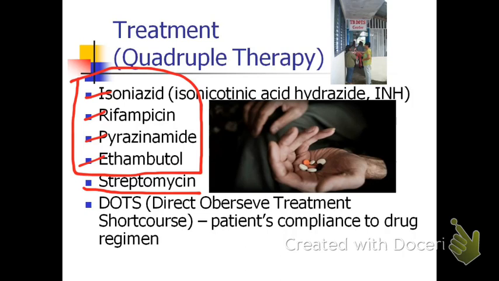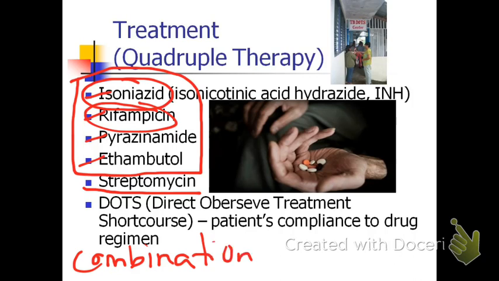If you take this antibiotic individually, let's say rifampicin only, it will take you 2 years to complete the regimen. Because of the combination, which is an example of combination therapy, it is shortened to 6 months. But I think here in the text, it says differently.